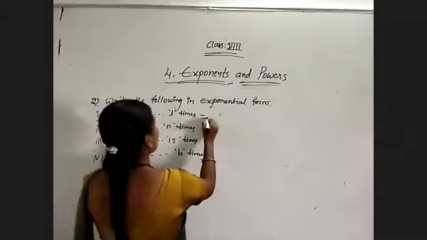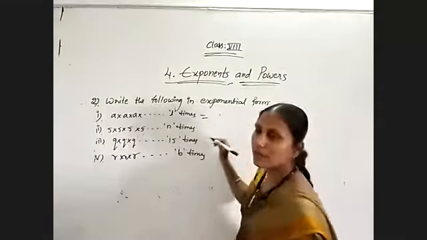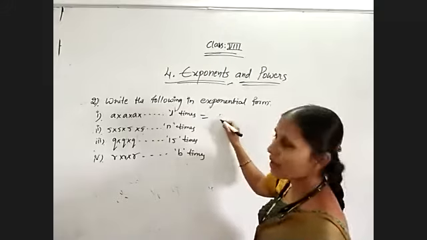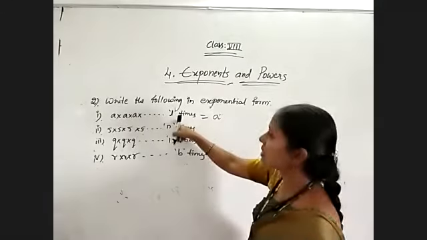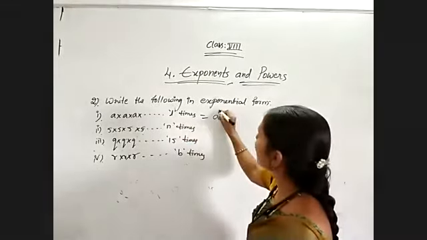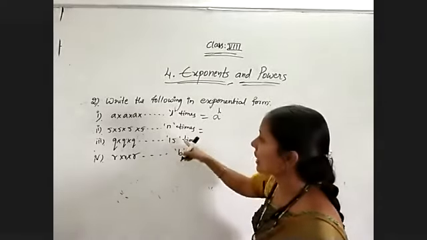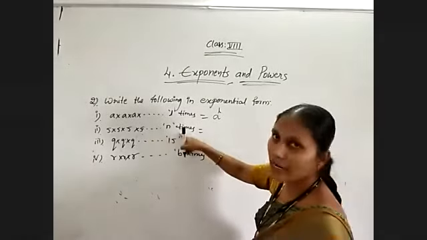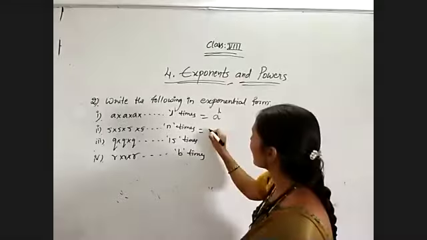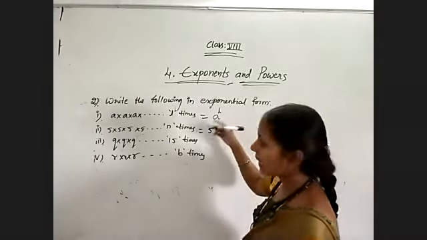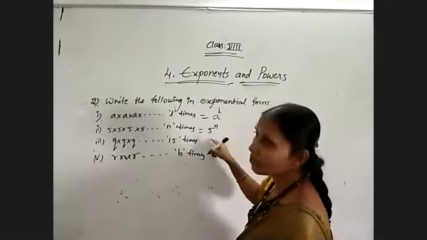Here, which number do we multiply? A. The base of that exponential form is a. How many times is it multiplied? l times. So a to the power of l. That's it. And coming to the second problem, 5 multiplied n times. The base of the exponent is 5 and the exponent is n. 5 to the power of n.